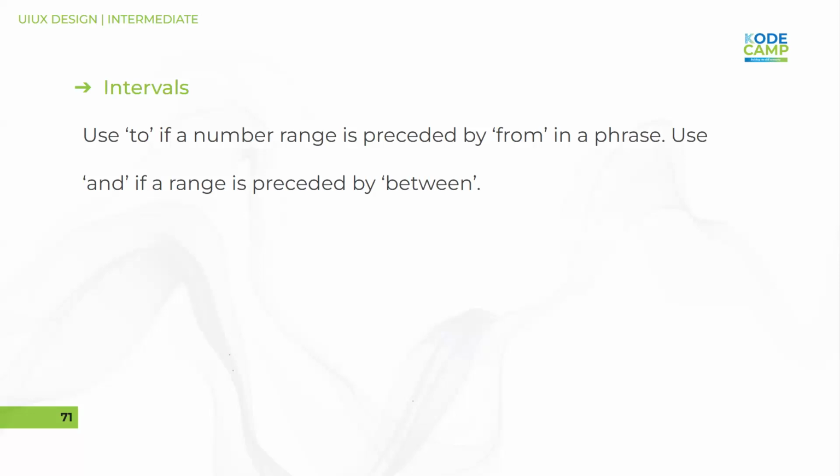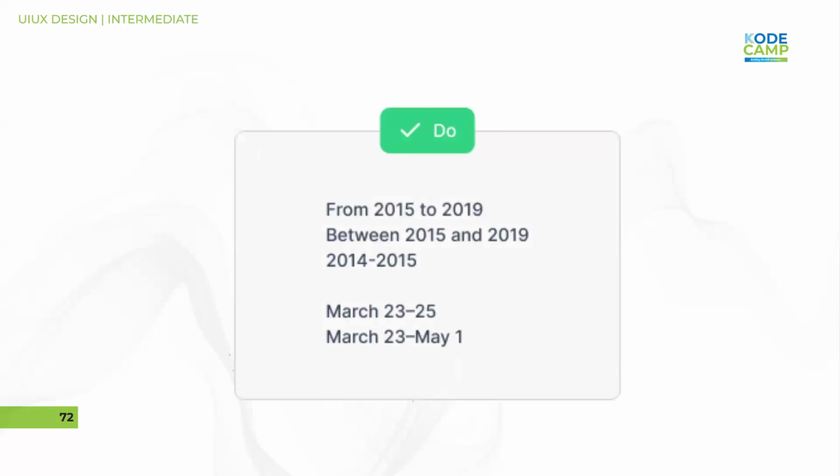Now intervals. Use "to" if a number range is preceded by "from" in a phrase. Use "and" if a range is preceded by "between". So this is what I mean: from 2015 to 2019 is allowed, between 2015 and 2019.